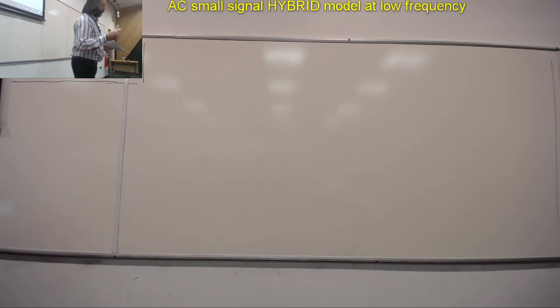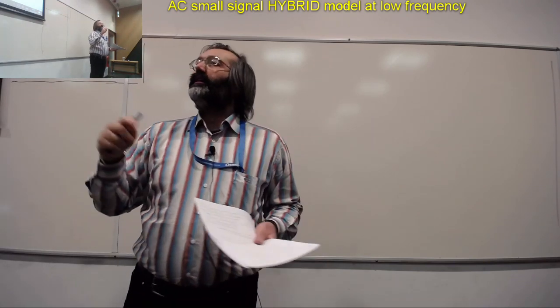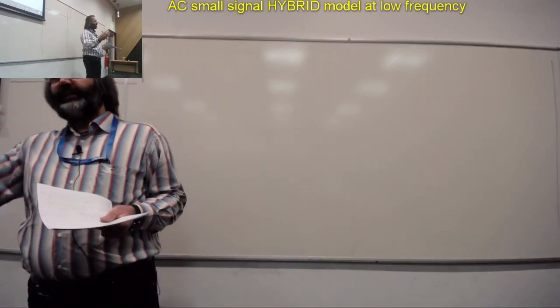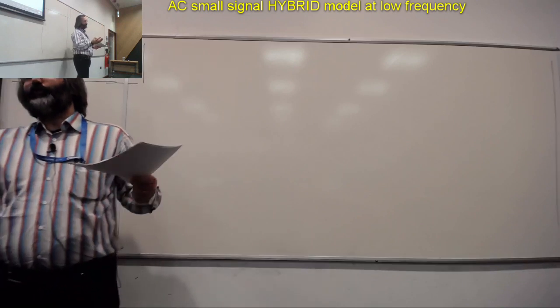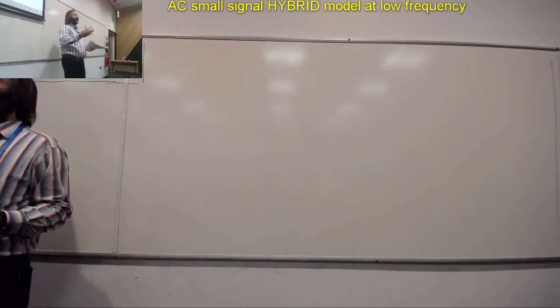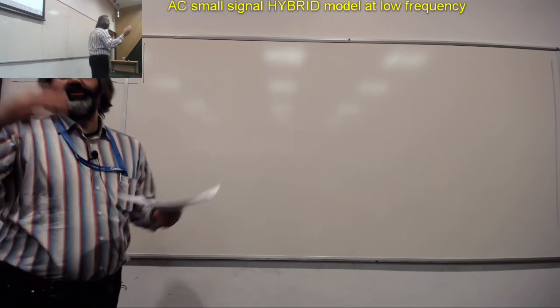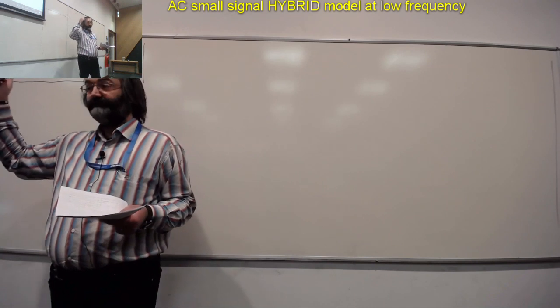And so we will use this again today, but looking at them, or maybe showing you how to look at them, in the AC regime as now small signal amplifiers.